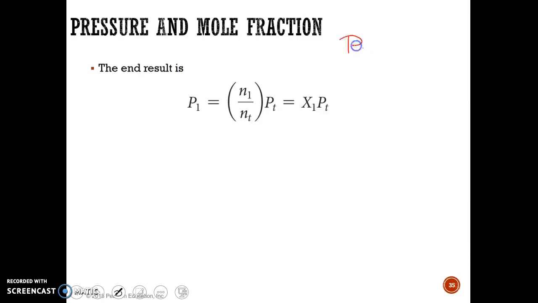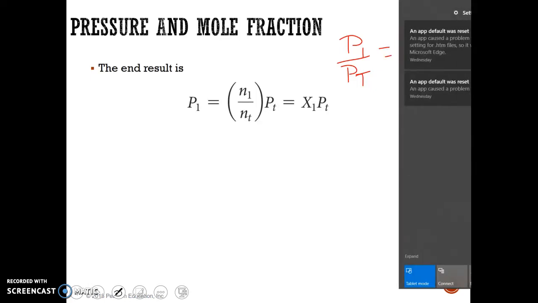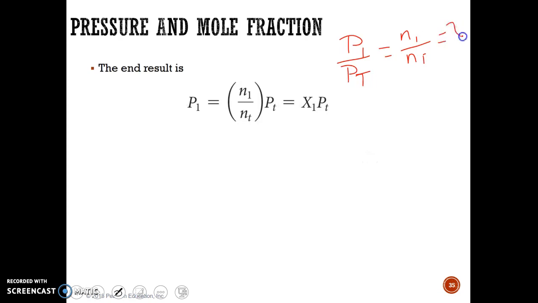P1 over P total is equal to n1 over n total, which is equal to chi of your gas. We can rearrange and say that the partial pressure of a gas is equal to the mole fraction, or basically how much is in there, multiplied by the total pressure.